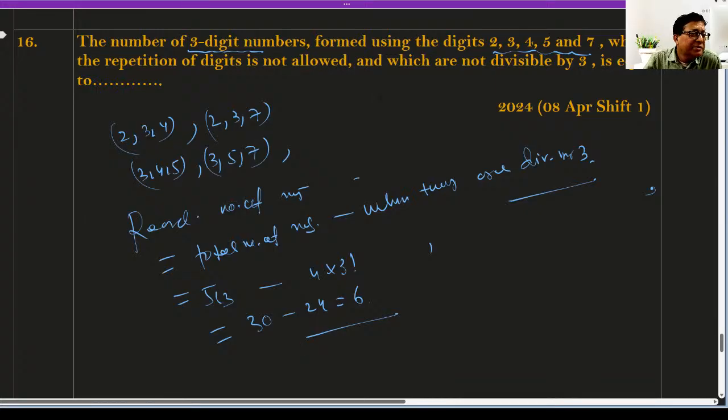So total number of numbers of 5, 6, 3 into 3 factorial. So this will be 90 minus 24, 66.